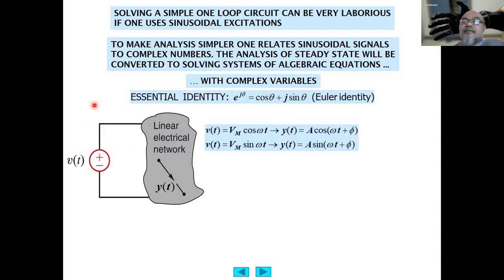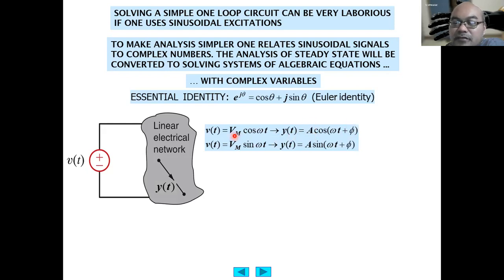Remember, you will learn this in engineering mathematics, but you also learn it in calculus. So V(t) here equals Vm cosine omega t. Y(t) will be equal to A cosine omega t plus phi. The same cosine, the same frequency, but now with an additional phase phi.